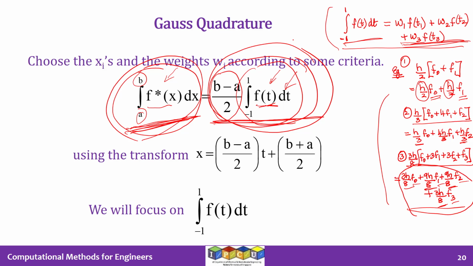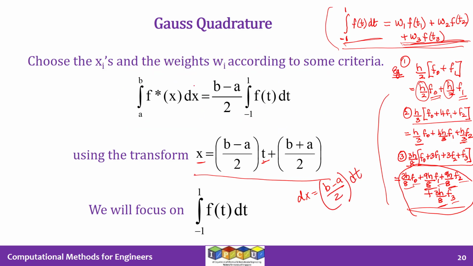And how do we do that? Simple. We just use this transform connecting the original variable to the new variable. So I'm just going to say x is equal to (b minus a)/2 times t plus (b minus a)/2. If this is something you will accept, then dx will be (b minus a)/2 dt.